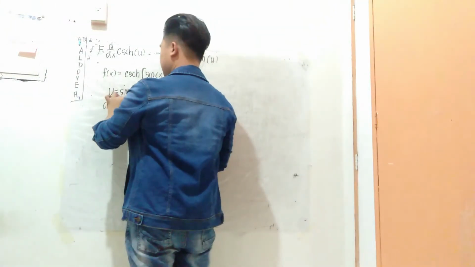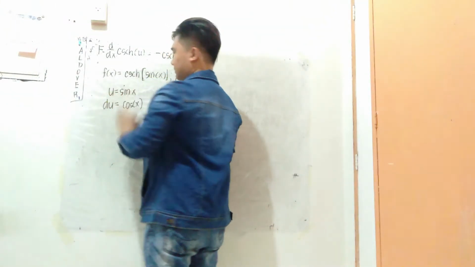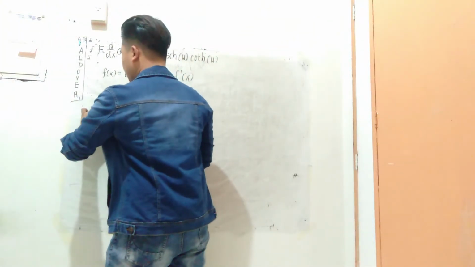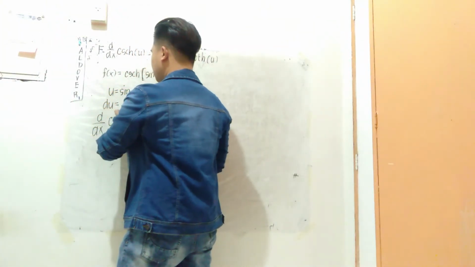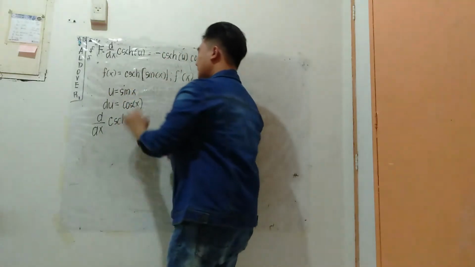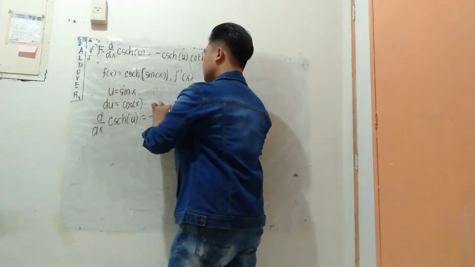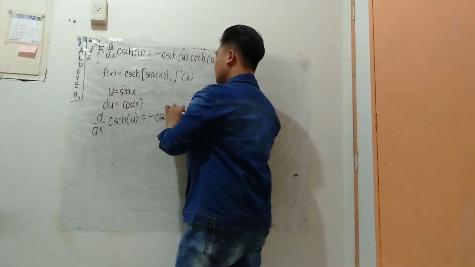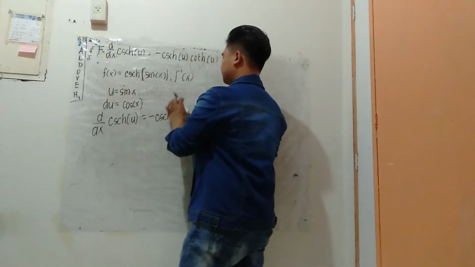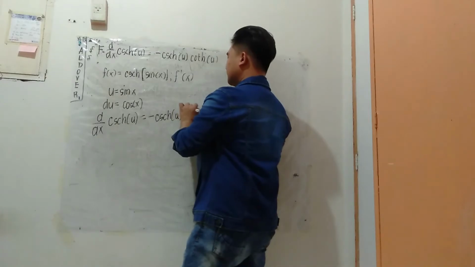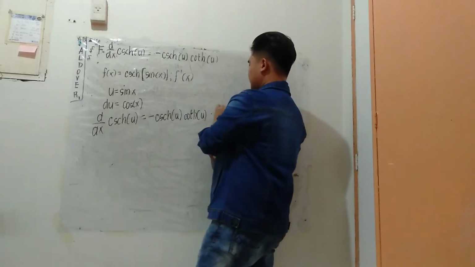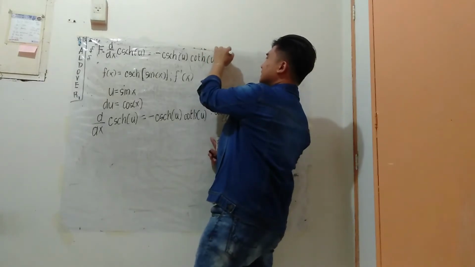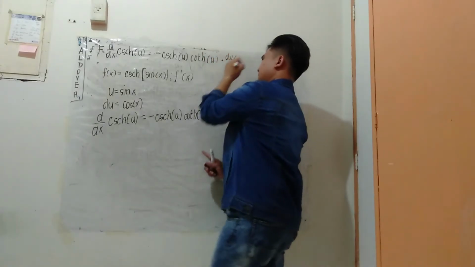Cosine x. Okay? So, kung i-differentiate ko ang hyperbolic cosecant of u, tingin sa formula, negative hyperbolic cosecant of u hyperbolic cotangent of u times du dx. Sorry, hindi ko nalagyan dito ng du dx.